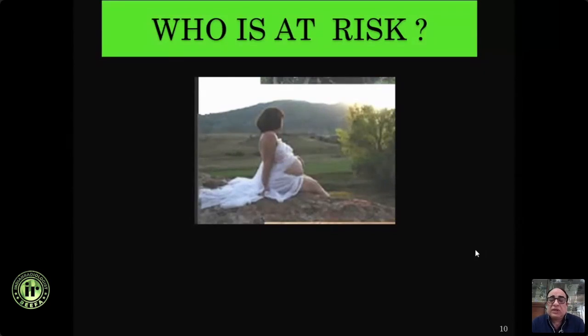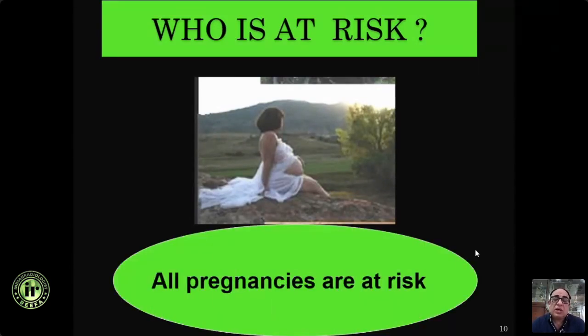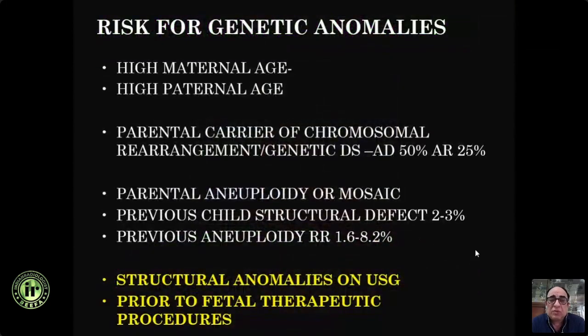Some of the indications Pradeep has very well highlighted. Of course, in this current era, we consider every woman at risk, and it's not alone high maternal age, but these are some of the indications where genetic anomalies can be on a higher side. You've just seen high maternal age above 35, high paternal age above 50. If the parents are carriers of chromosomal rearrangements, either balanced or unbalanced, or carriers of autosomal dominant or autosomal recessive disorders, they can transmit these to their pregnancies.